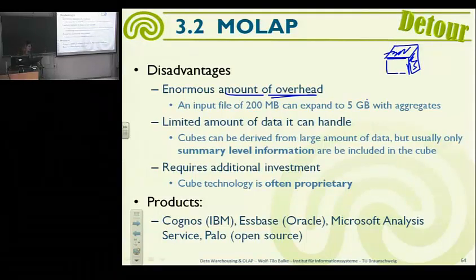As the dimensions grow in size, this middle tier, all these aggregates, all the permutations of the different dimensions, also grow. And easily, with only 10 dimensions, a 200 megabyte file can go up to 5 gigabytes. And when we're talking about a data warehouse, you're not going to have an input file of 200 megabytes. It's going to be bigger. So it's an enormous overhead.